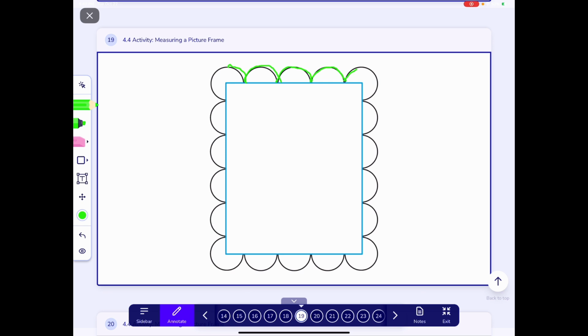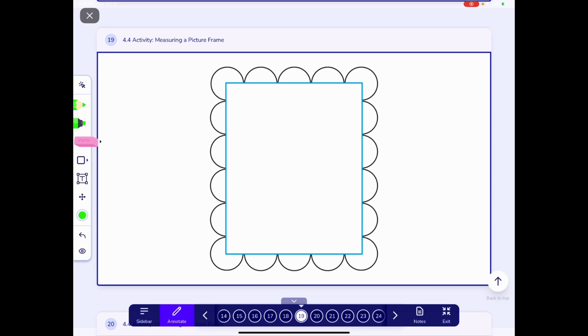If you keep doing this outside of the whole picture frame, how far will this be? So these are circles, and just like the track that we just calculated the outside of, these are circles. So think about how we can use what we know about circles to think about this picture frame.